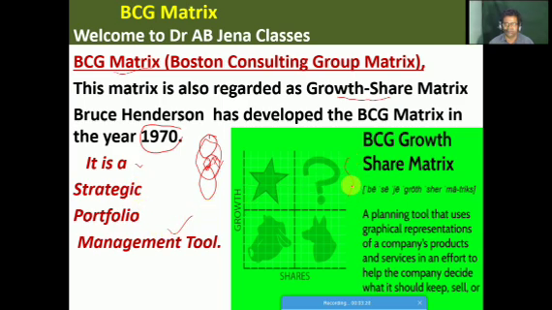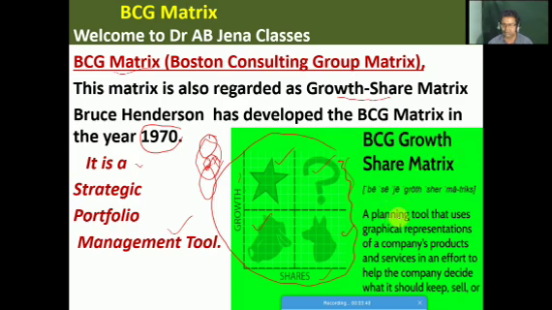There are four quadrants: star, question mark, cash cow, and dog. There are two axes: market share on the horizontal x axis, and growth rate on the vertical axis.